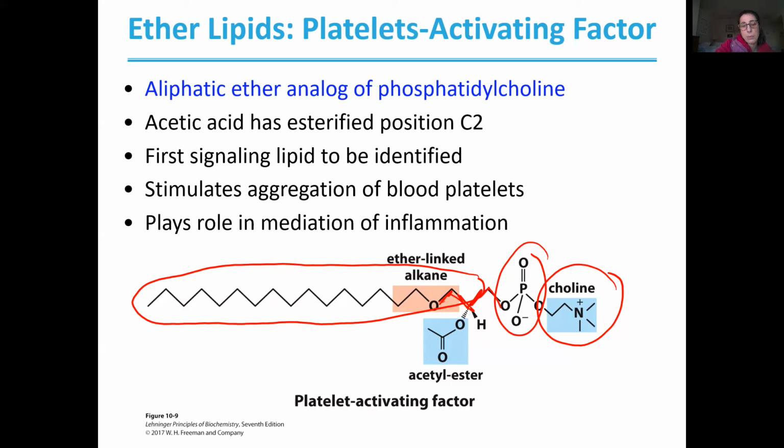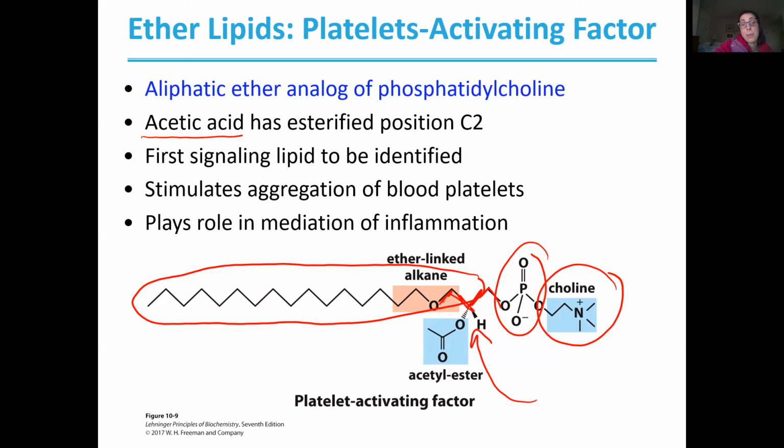And we also, on position 2, have some acetyl ester group. Notice that this is not a fatty acid. This is just acetic acid, so just the short acetic acid that has been attached to position 2.